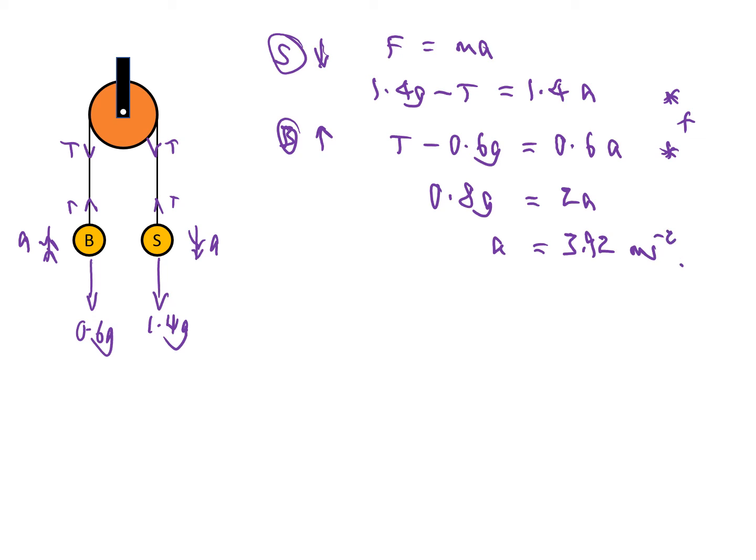So that enables us now to answer the question. The question, if you remember, was how long does it take for S to reach the ground? We're told that it's 0.8 meters above the ground when the system is released from rest. So we've got constant acceleration, so it's our old friend SUVAT.